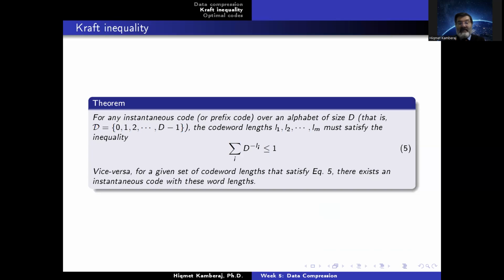Vice versa, for a given set of code word lengths that satisfy equation 5, there exists an instantaneous code with these word lengths.